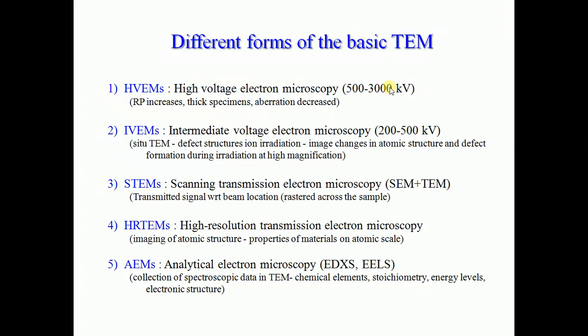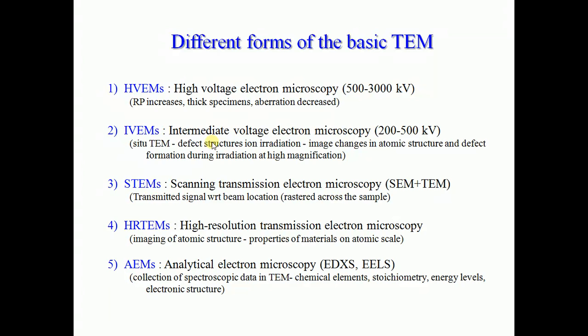So with the help of IVEM, where the acceleration voltage is between 200 to 500 kV, you can do in situ TEM. We have the ordinary TEM, where the acceleration voltage is of the order of 100 to say 200 kV. Of course, there is an overlap of the acceleration voltage between intermediate and ordinary TEM.